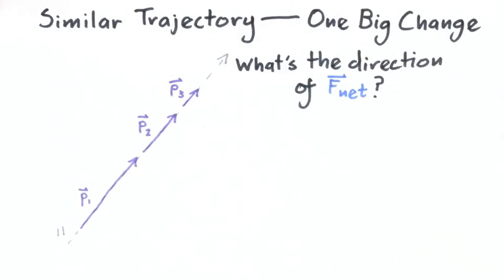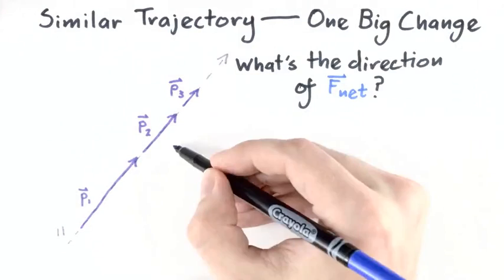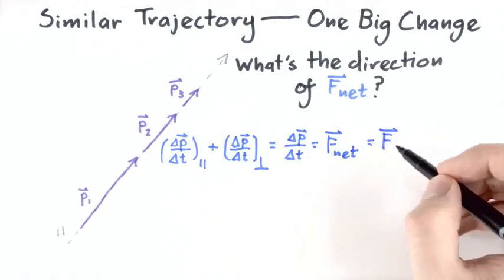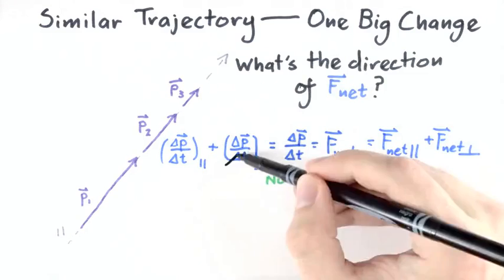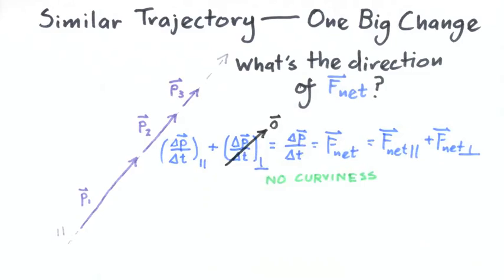To find the correct answer here, we can do that by following the same reasoning as before, starting with looking at the effects. Since the particle's path is straight, no curviness, then we know delta p over delta t perpendicular is 0 for the reasons we just discussed, and therefore, by Newton's second law, Fnet perpendicular is 0.